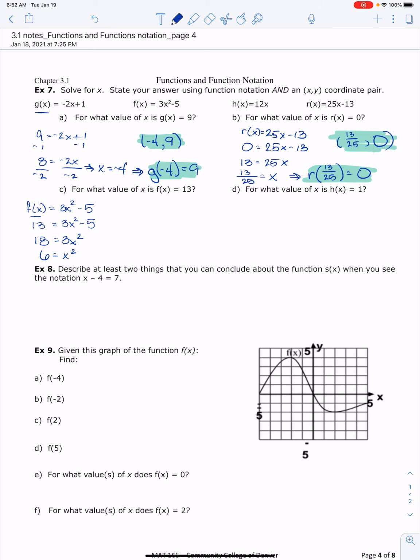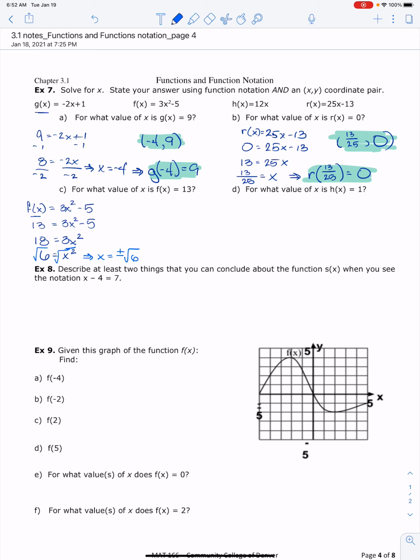And now we need to solve for x. So we're going to square root both sides. And remember that when we impose that square root, that should cover my square, we get a plus or minus situation. So I got x equals plus or minus the square root of 6.